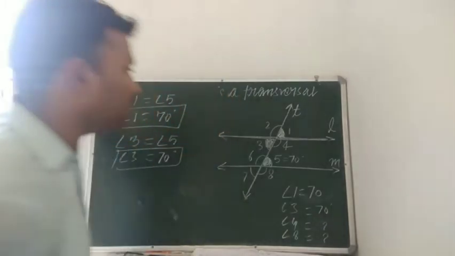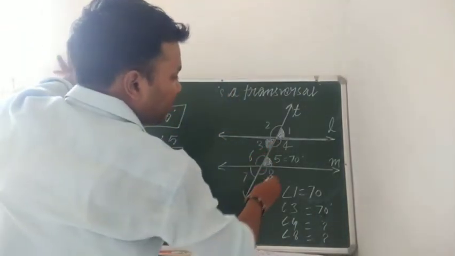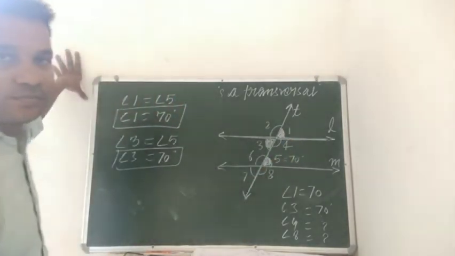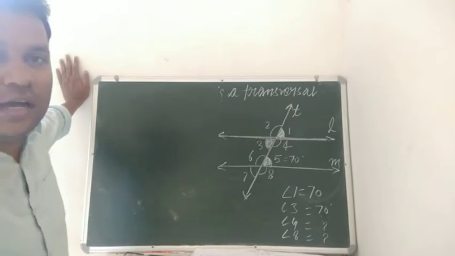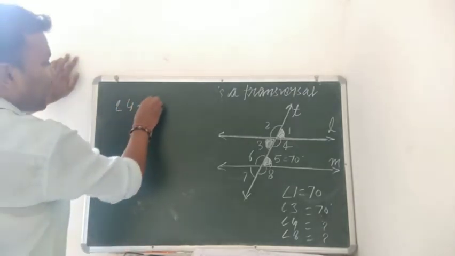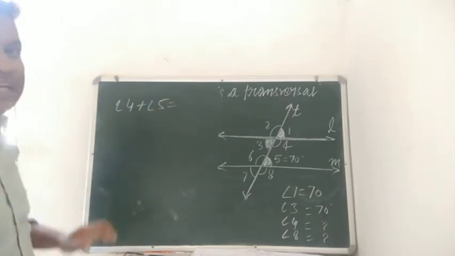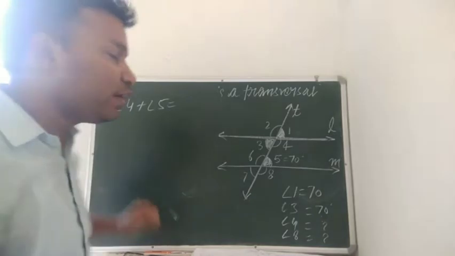Now time to find angle number 4. Now student, what can you say about angle 4 and 5? Yes, angle 4 and 5 both are consecutive interior angles, and the property of consecutive interior angles is that the sum of them is equal to 180 degree.